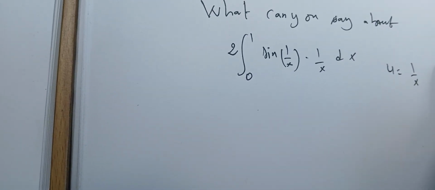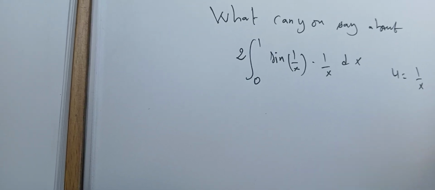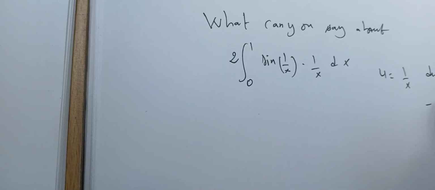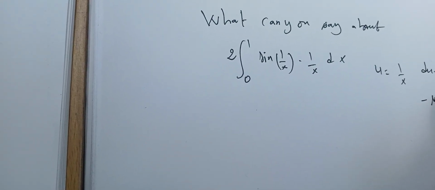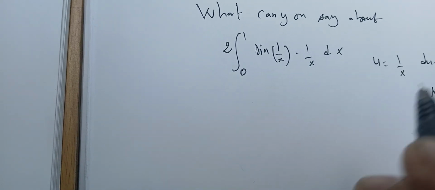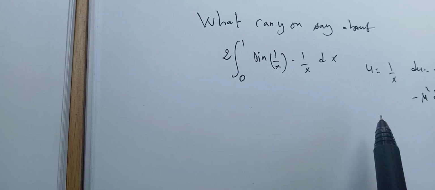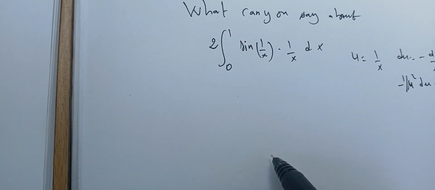In this case, du is minus dx over x squared, and therefore dx is minus u squared du. Sorry, because 1 over x is u, it's minus 1 over u squared du.